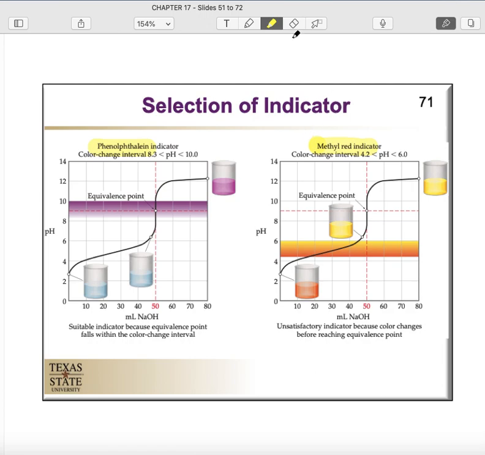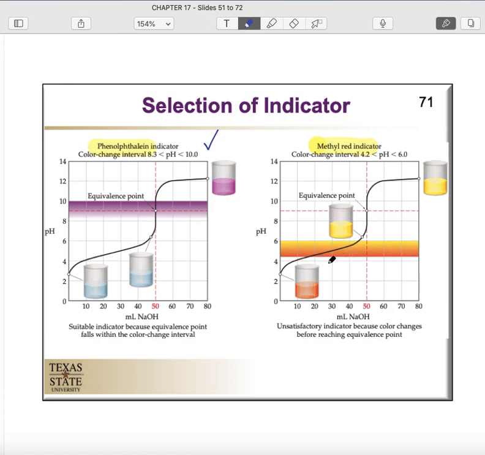And now I will tell you my choice. The pH indicator that would work best in this particular scenario is phenolphthalein. The reason is that the color change occurs right at the pH of the equivalence point, which means that the indicator would tell me when the equivalence point has been reached.